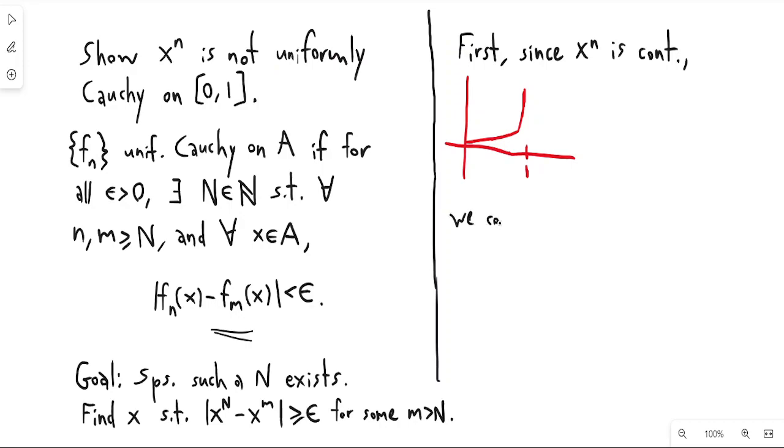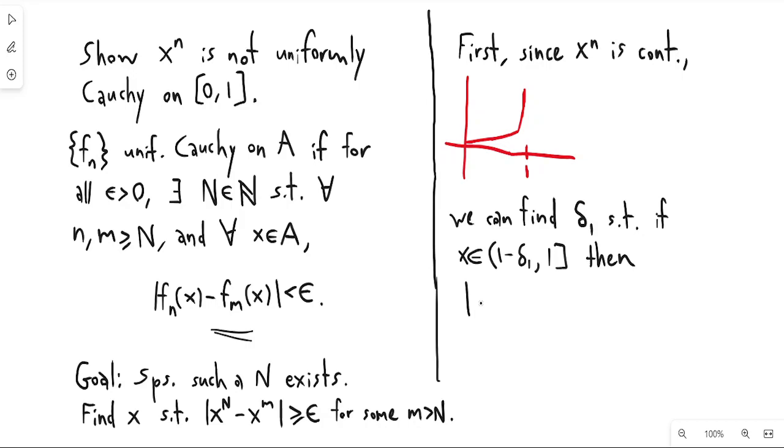So we can find delta 1, let's say, such that if x is in the interval 1 minus delta 1, 1, then the following is true. Absolute value of 1 minus x to the big N is less than delta, okay, for any delta greater than 0.